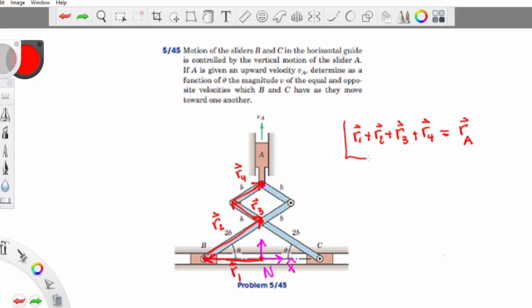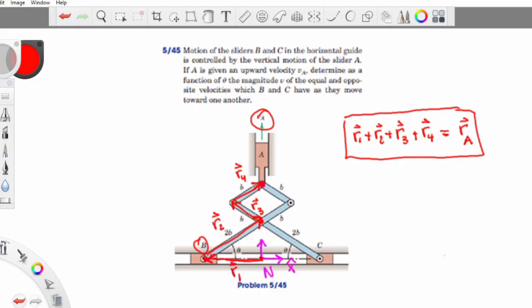And we can use this equation to relate our variables and describe VA and VB with respect to the variable theta and be able to solve the problem.